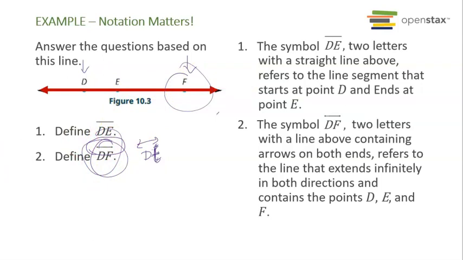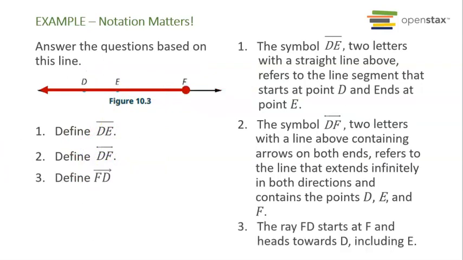If I only wanted to go one direction forever, then wherever I start becomes the first point, and then I go forever in the other direction. I'm going this way, but this is my second point, so it looks like that. You could have written it the other way, but we usually start with the endpoint and then go to the forever, and then you just flip the arrow.